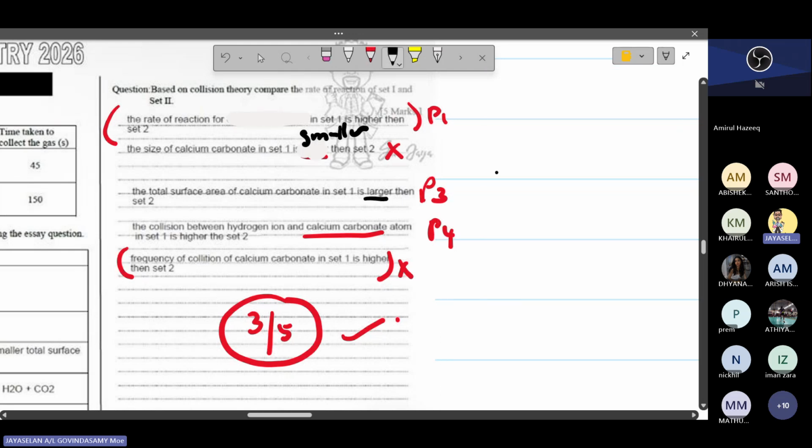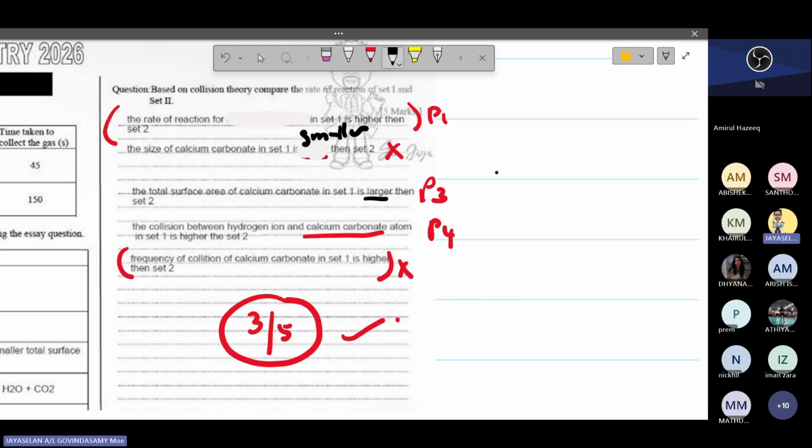This is the perfect answer. The collision, Nikhil, this one also you lost marks, you know. Yes, sir. The frequency, lost marks. So 2. Here you see, you must put frequency of collision between hydrogen ion and calcium carbonate atom. That is wrong.